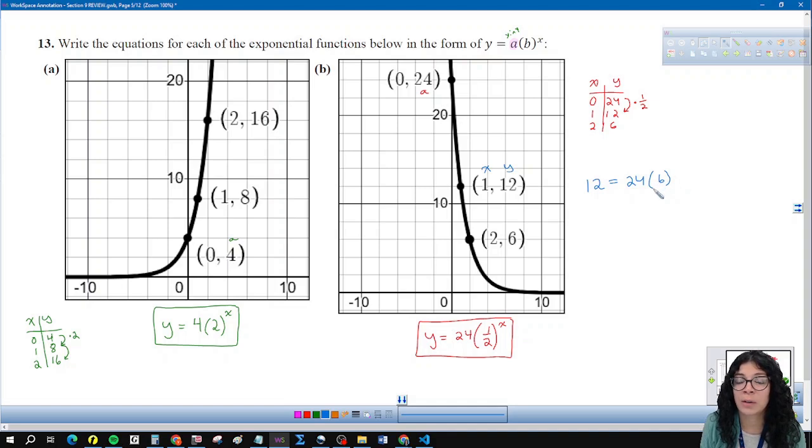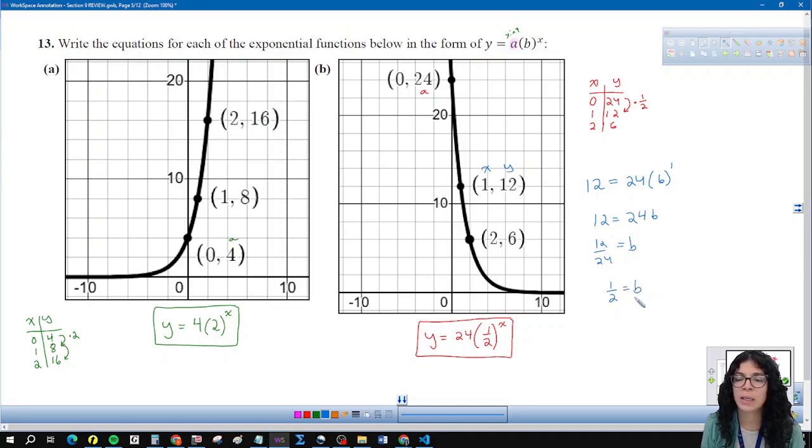So we're trying to find our growth or decay factor, whatever it is. So we're trying to find b. And then to the power of the x value being 1. And then you solve for it. So like 12 equals 24 times b to the power, well, b to the power 1 is just b. So 24 times b, and then divide by 24. So we would get 12 over 24, which if we simplify is 1/2.